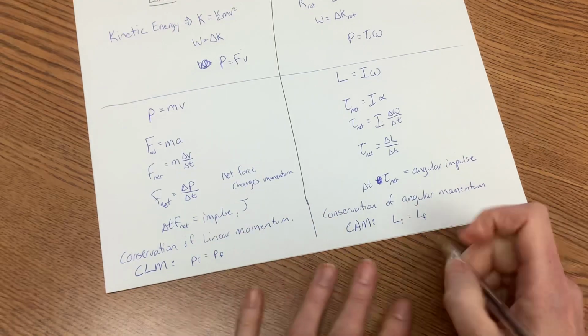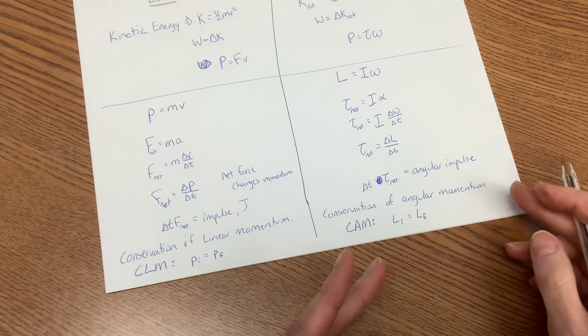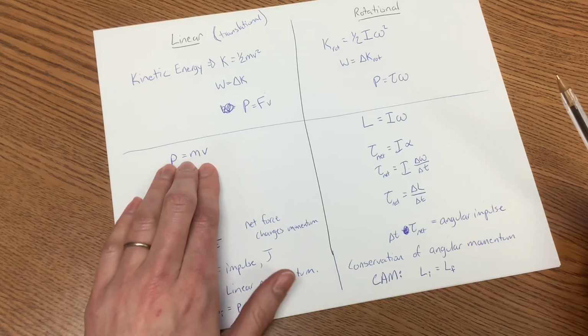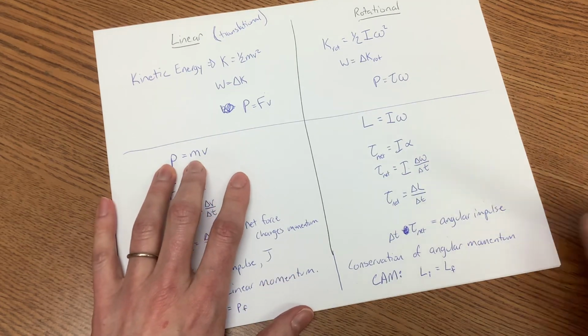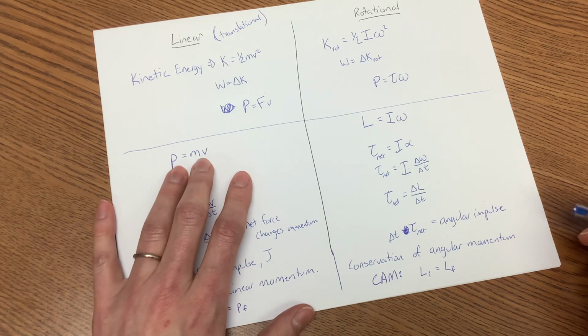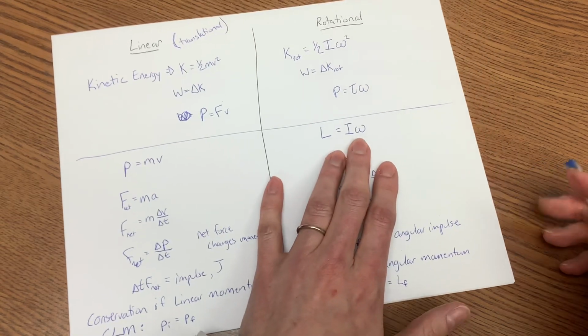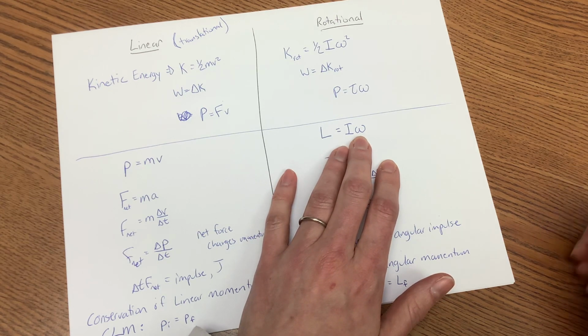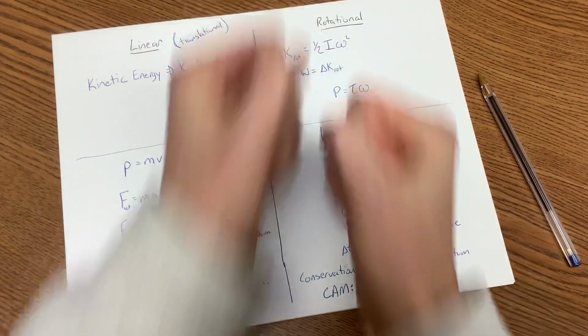This one actually has some great and super fun applications, because over here with linear momentum, it's really hard to change your mass. I guess you can cut off an arm or throw up or something, and then your mass is different, so your momentum changes, but it is really easy to change your rotational inertia. If you are a single object, you can change how you rotate just by changing where your arms are.